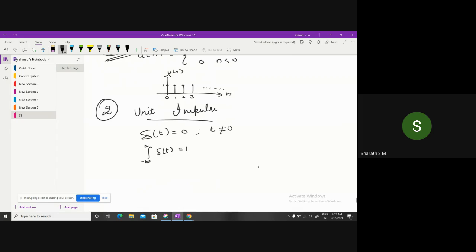So that signal can be written as, at 0, so label it as delta of t. We are going to denote it in terms of an arrow mark with a 1.